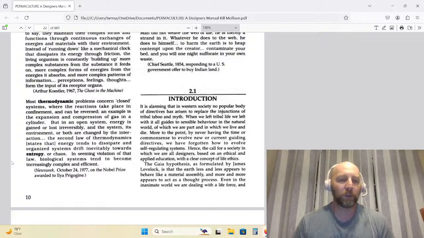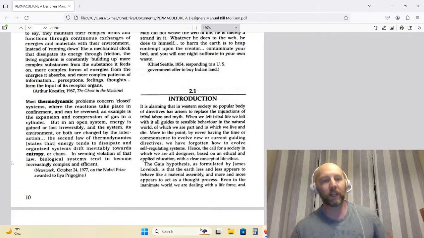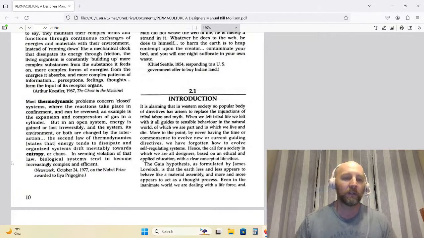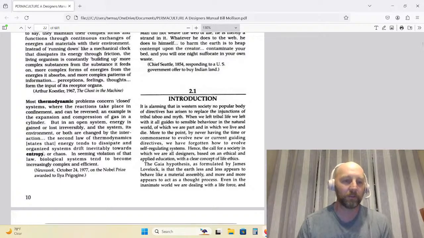The second law of thermodynamics states that energy tends to dissipate and organized systems drift inevitably towards entropy or chaos. In seeming violation of that law, biological systems tend to become increasingly complex and efficient.